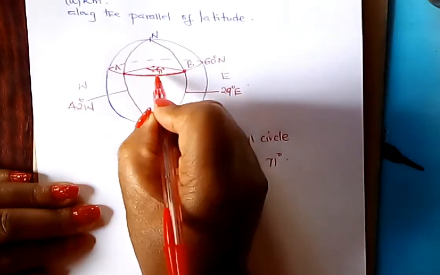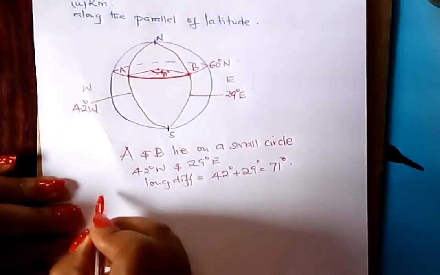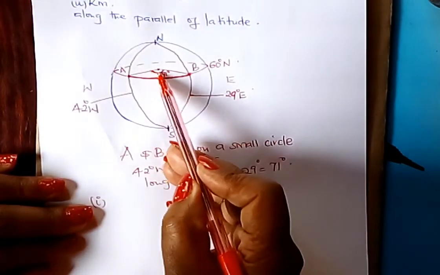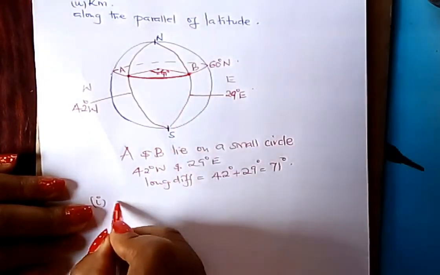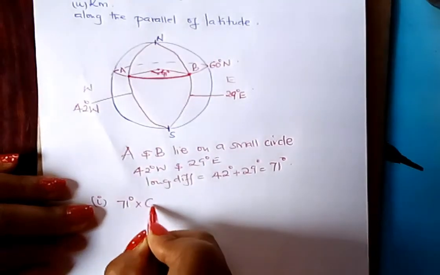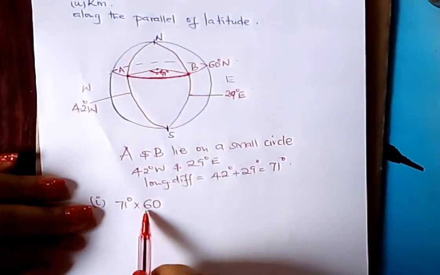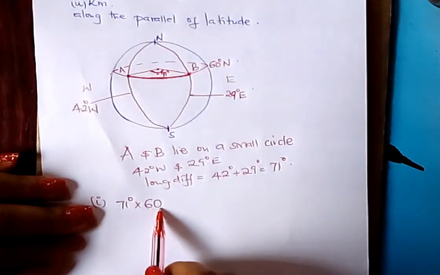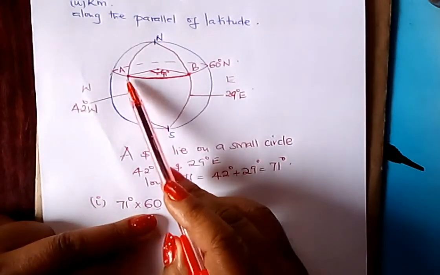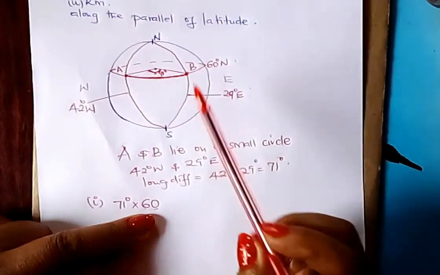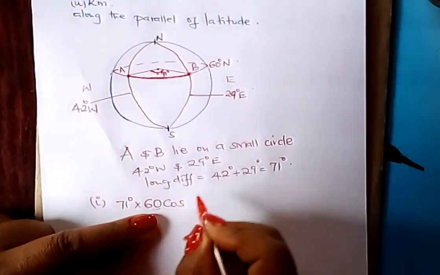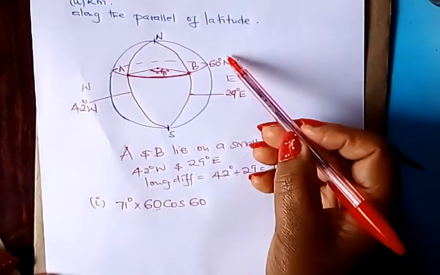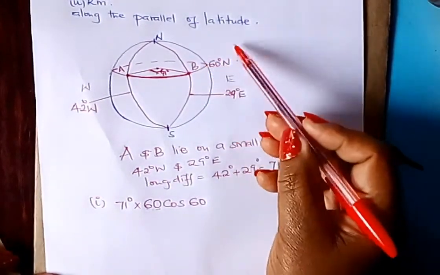So Lana, what is the distance in nautical miles? You take this angle, 71 degrees, and you multiply by 60 nautical miles. We have learned this in Form 4. And now that the two are on a small circle, you multiply by cos of the latitude angle, and our latitude angle is 60.